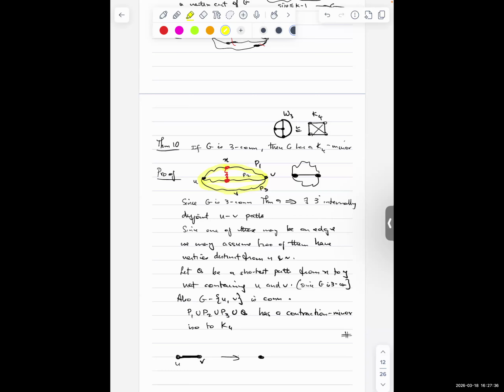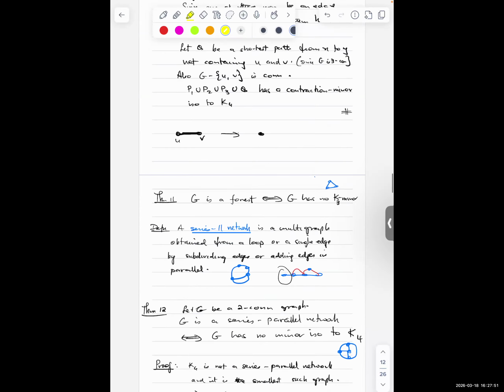If G is 3 connected, then G has a K4 minor. So when you talk about 3 connected graphs, you start out with K4. K4 is the 3-wheel. Then we did a couple of excluded minor results, and I realized when I was going over these notes that I hadn't defined minor, so that's what I'm going to do when we start today.